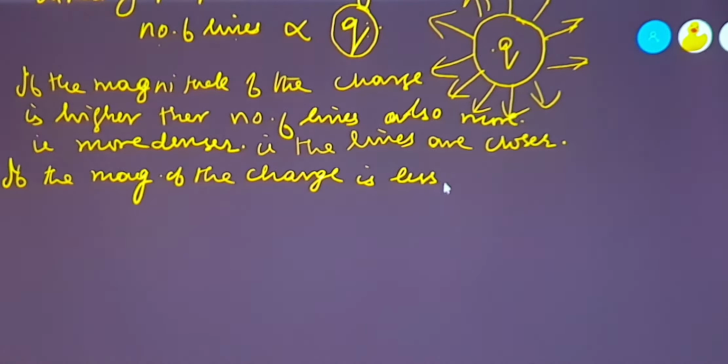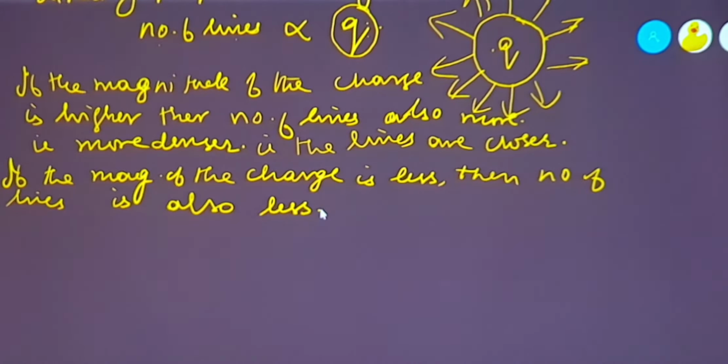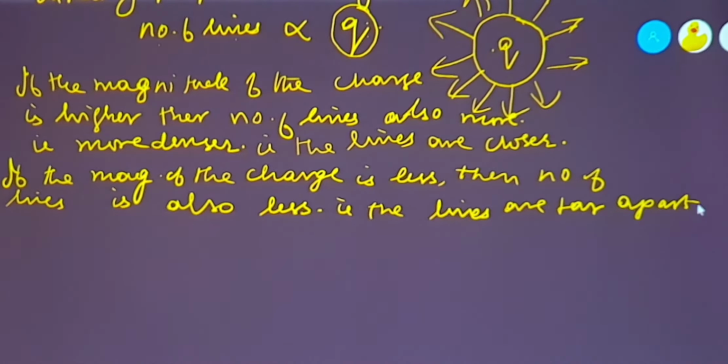If the magnitude of the charge is less, then the number of lines passing normally or perpendicularly is also less. If the number of lines is less, that is, the lines are far apart. That is considered to be point number 3.